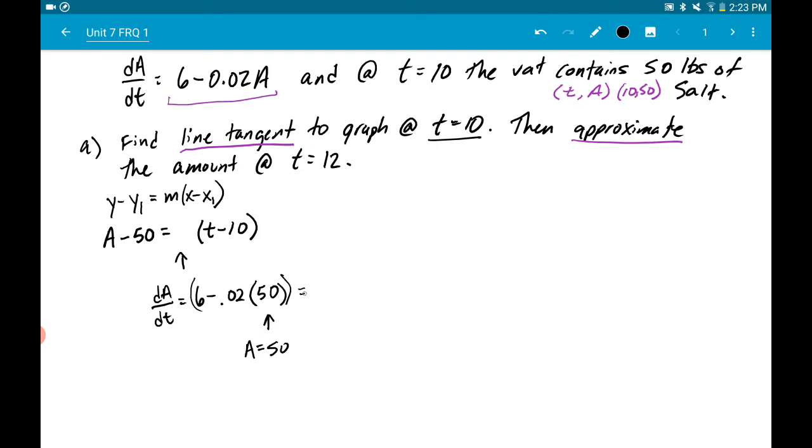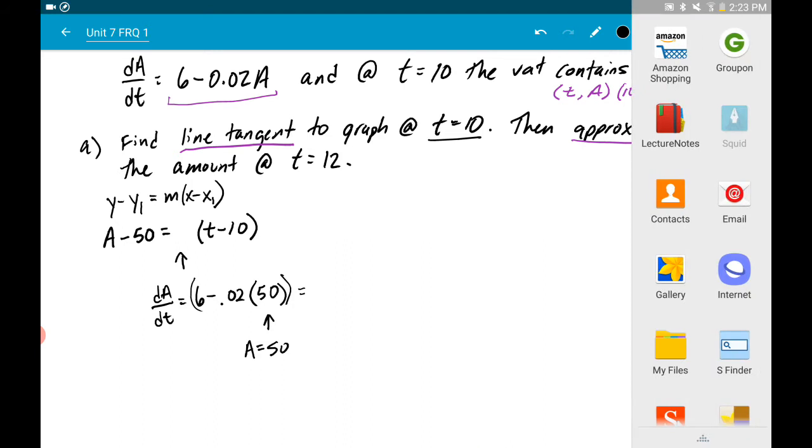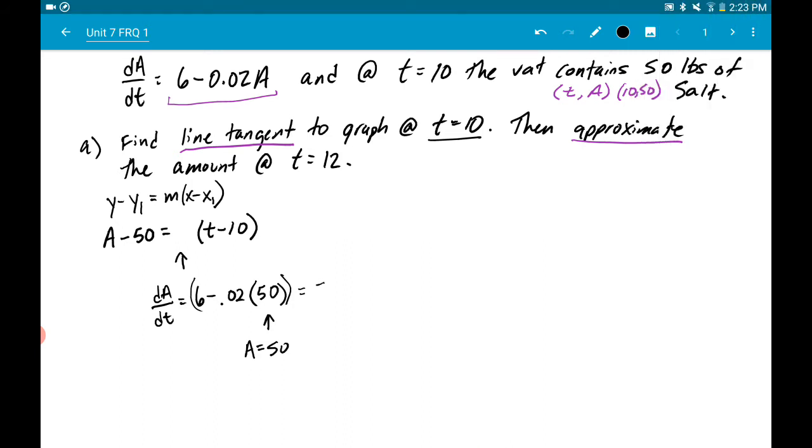What we end up getting is the slope, which equals 5 if you simplify that. So I believe the equation for the tangent line, and the answer to at least part of this, is A minus 50 equals 5 times (t minus 10).